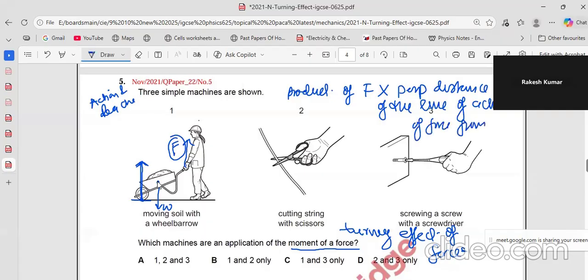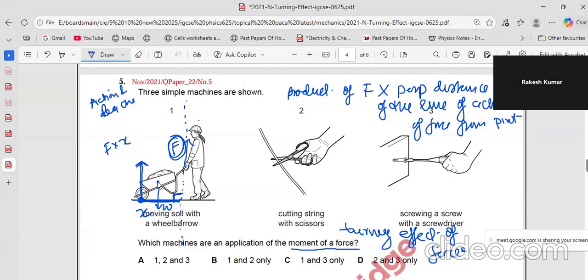Be very careful. The pivot is there, and the line of action is here. It's not the force, he's talking of the line of action of the force. The distance is this, the perpendicular distance. Don't consider any other distance. If I'm calling this x, then the moment of F will be F times x. No other distance.